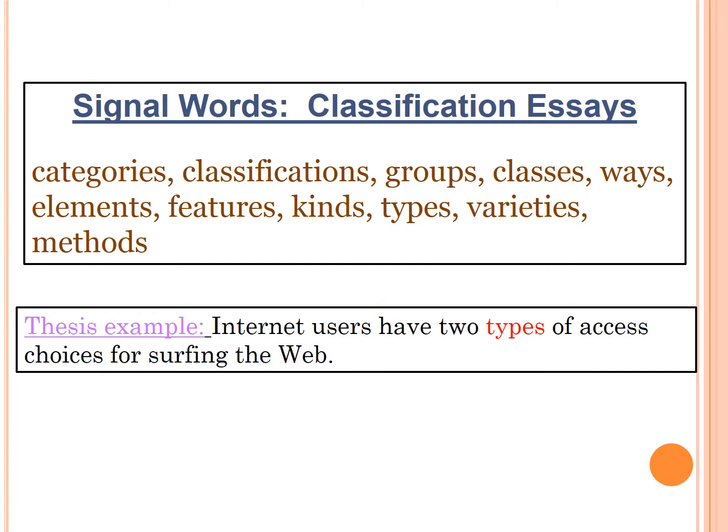Signal words found in the main idea of a classification essay are the same signal words found in the main idea of a classification paragraph: categories, classifications, kinds, types, and varieties. Let's say you have an essay. Internet users have two types of access choices for surfing the web. This is the main idea of an essay. The word types indicates the classification essay.